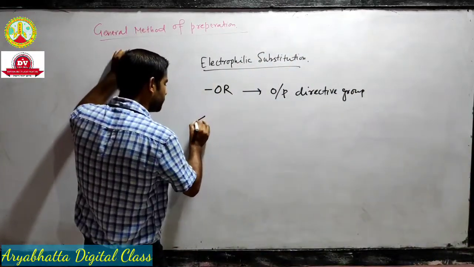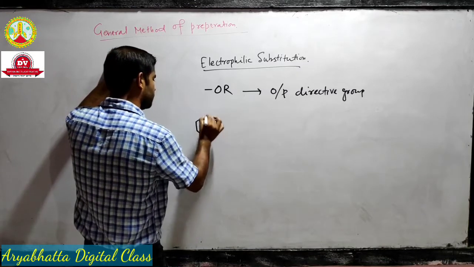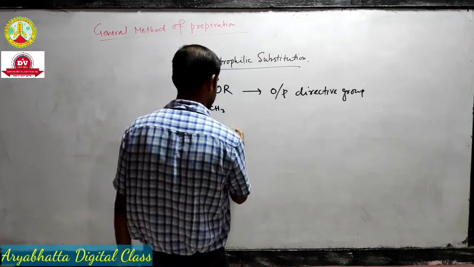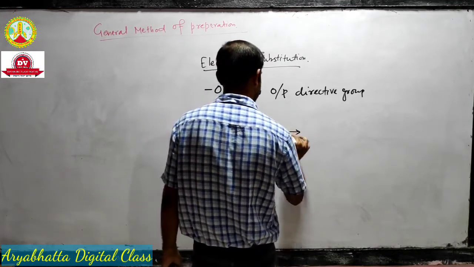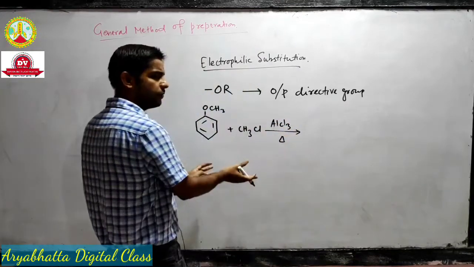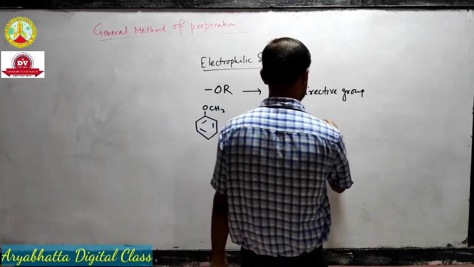So let's see a simple reaction. Suppose anisole reacts with CH3Cl in presence of AlCl3. It is Friedel-Crafts alkylation, so the alkyl part is the carbocation.